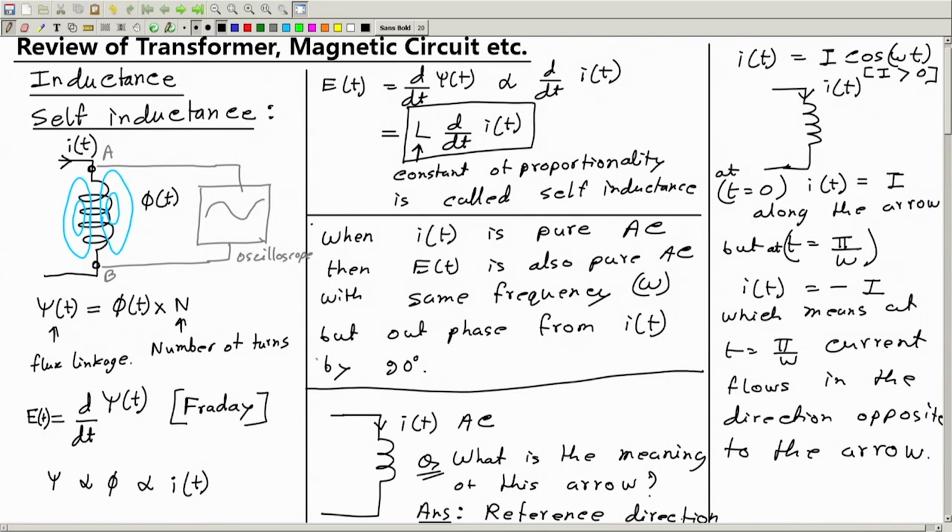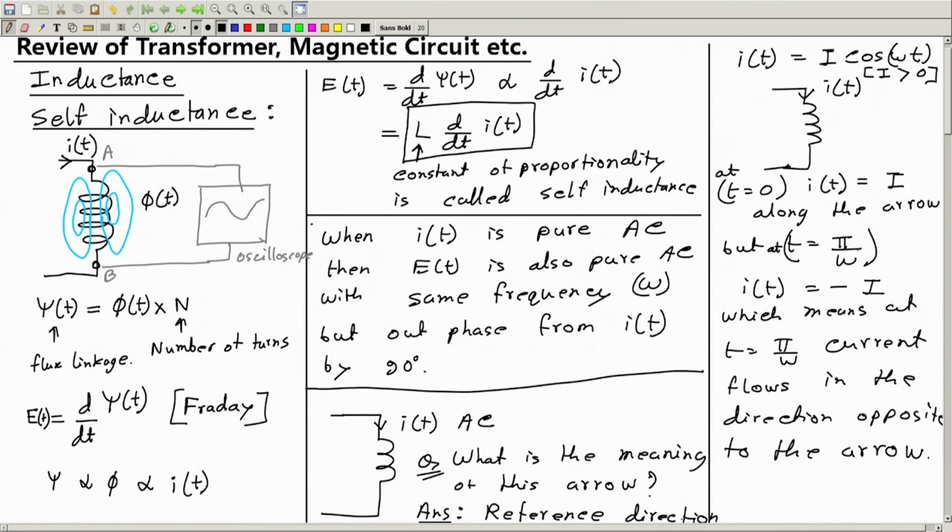We know that E(t) will be 90° out of phase, and we also know that the current, so switch the context now.